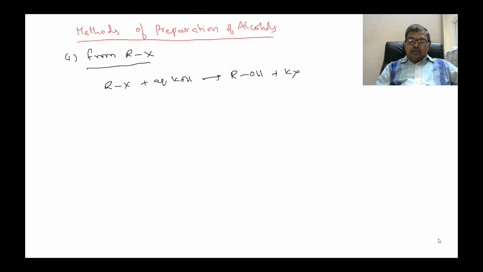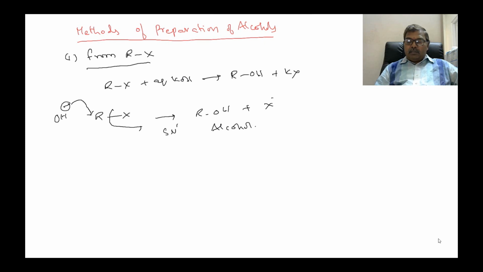The OH minus ion attacks from the back side, exactly 180 degrees with respect to the leaving group, then we will get ROH, alcohol, and X minus. So it is the SN2 mechanism.